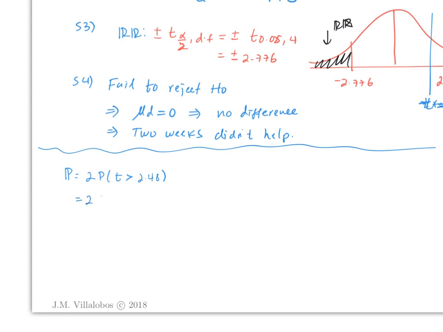This is twice tcdf, 2.48, 1000, and 4 degrees of freedom. And then whenever you compare this, the p-value is going to be greater than alpha. Okay, so you can finish that later.